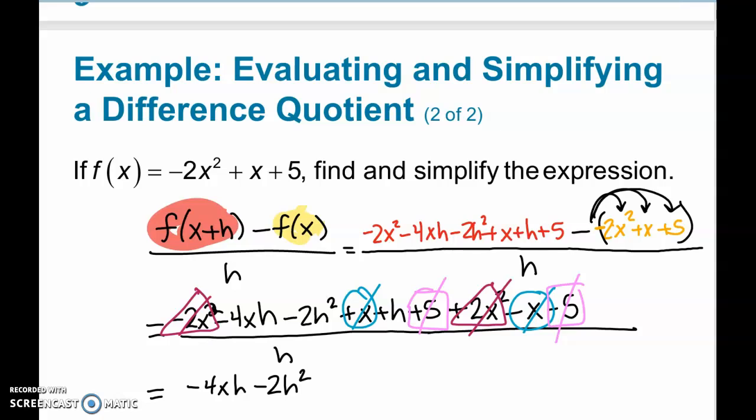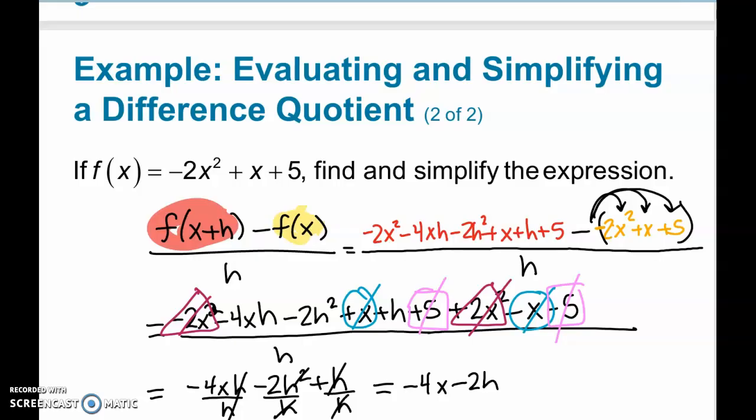2h squared plus h. Now this whole thing is divided by h, but you have to divide, it's like you're dividing each item by h. So I like to write it like that so I can see the h divide out of each piece. Negative 4x. Here this h will divide out one of the h's up top, minus 2h.